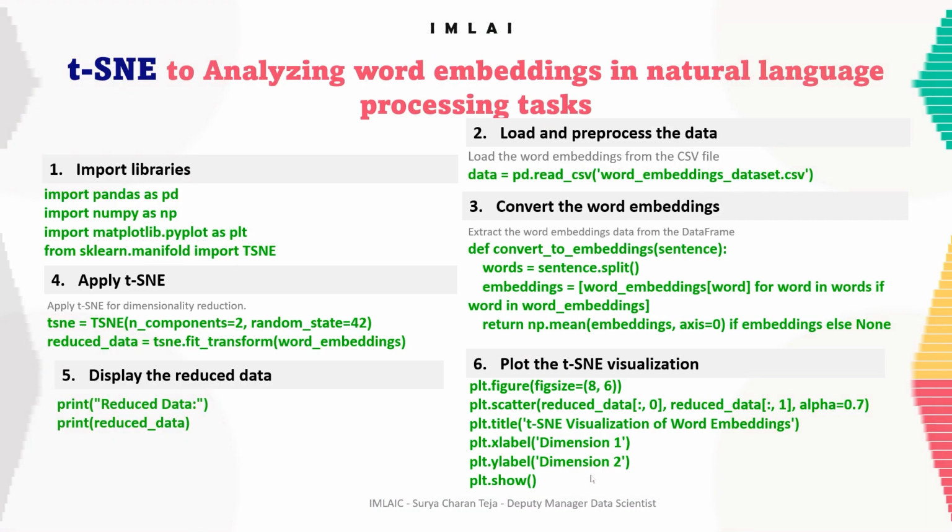So that's our t-SNE, t-distributed stochastic neighbor embedding. t-SNE provides powerful visualization capabilities that help researchers and data scientists gain insights into complex and high dimensional data sets, making it a valuable tool in exploratory data analysis and data visualization tasks.